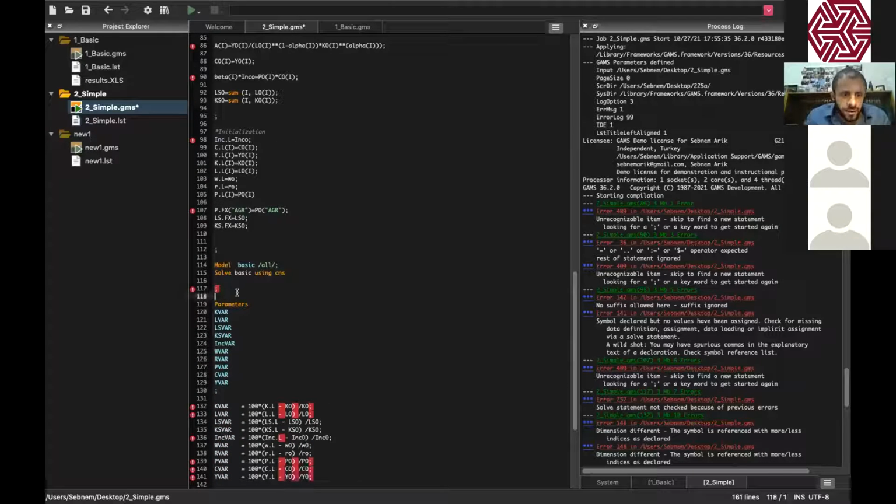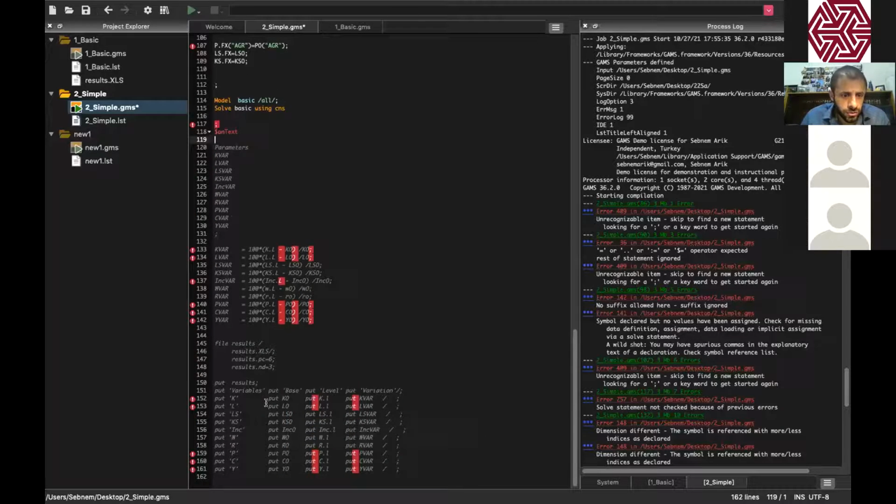So you have to add dollar on text before parameters. There's something wrong, I think. And okay, dollar of text at the end, after the end of the code, at the very last end of the code.